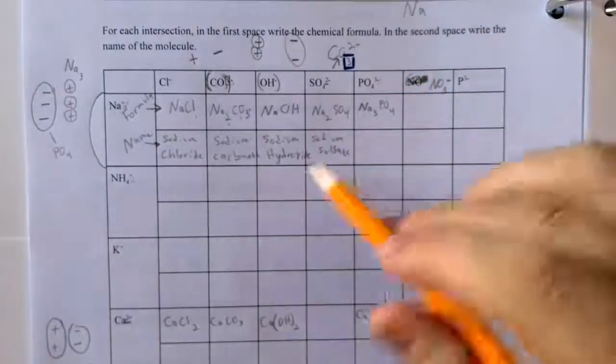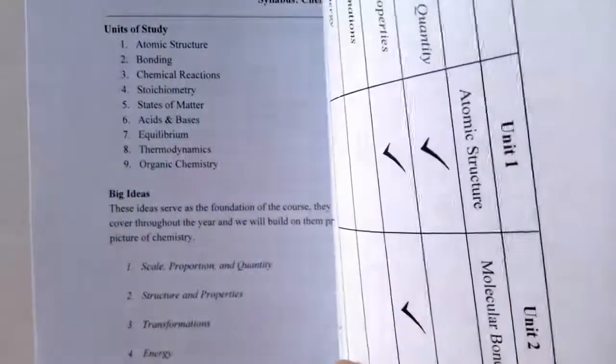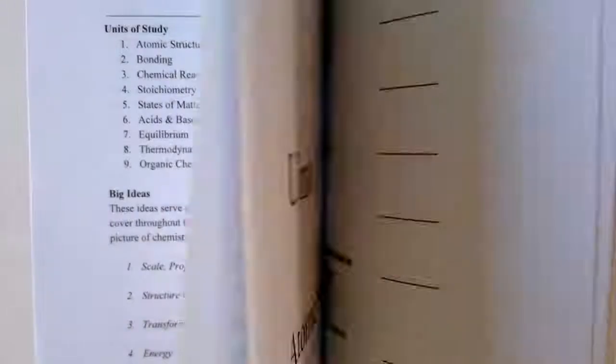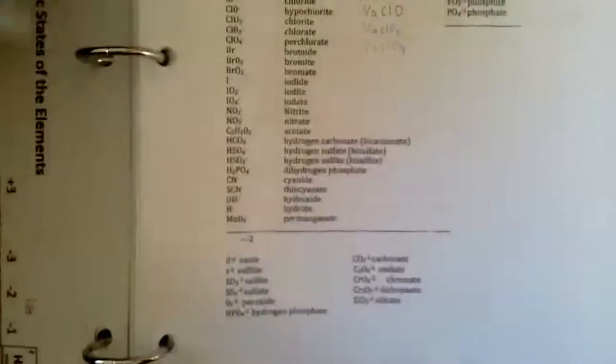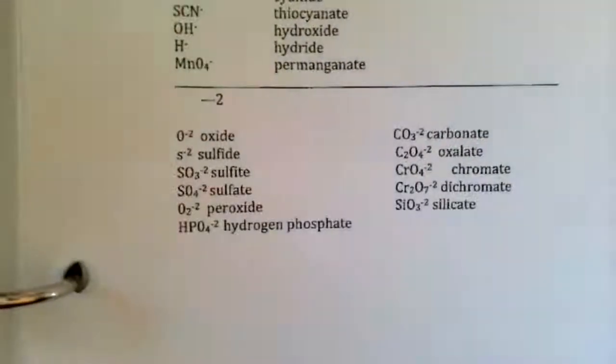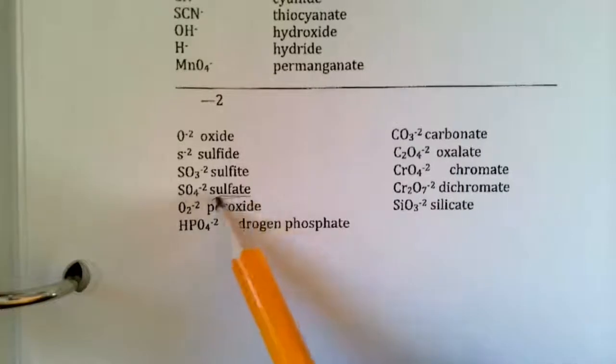And I can find these names by looking in this table at the front. Here it is. So I had an SO4, so I look down here, and notice these are separated by their charges. So I look down here, and I've got SO4 2-, that's sulfate.